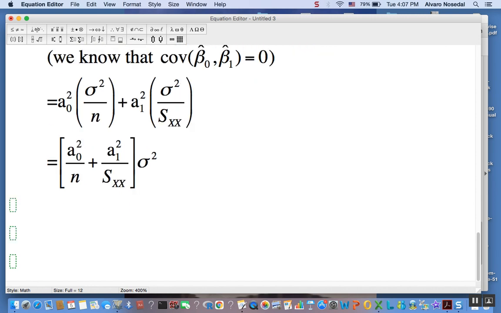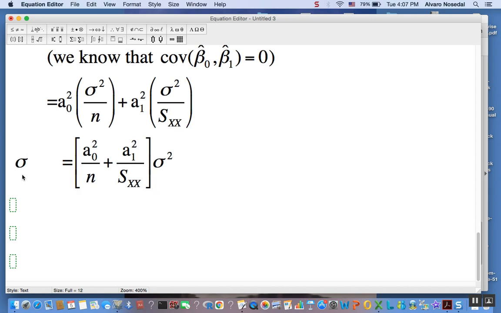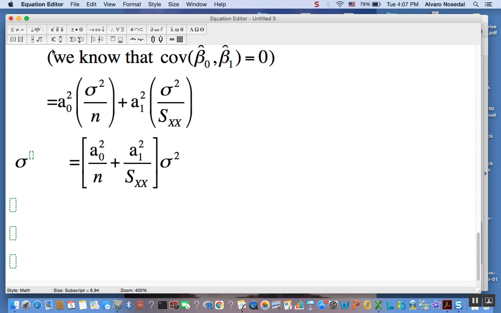Let's find the standard deviation. That could be useful. So let me use the following notation for this, the variance of theta hat.